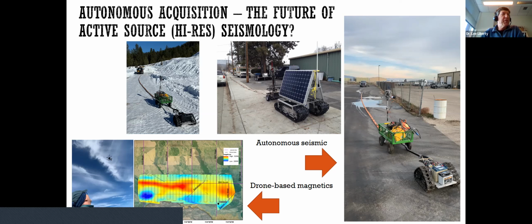I showed that one slide from Seattle where we integrated the nodal data with the hammer data. In that case, we did not use the streamers, but there's no reason why you couldn't have one robot pulling a streamer and another robot pulling a source, or have a vibroseis-sized truck a kilometer away from a series of these streamers that are occupying a city block, for example. So you could decouple the source and the receiver. It just becomes more logistics to handle.